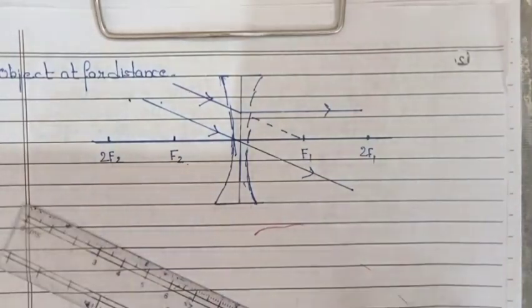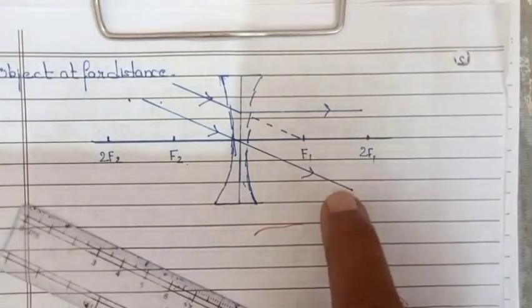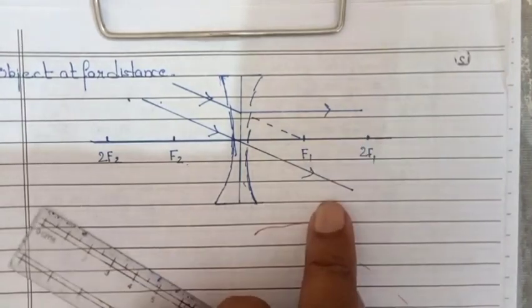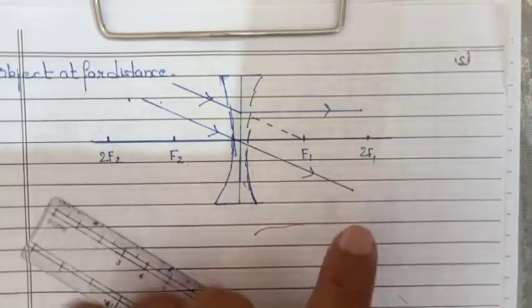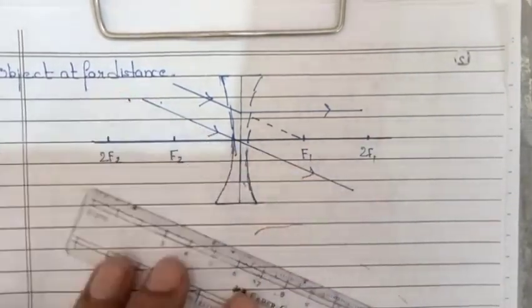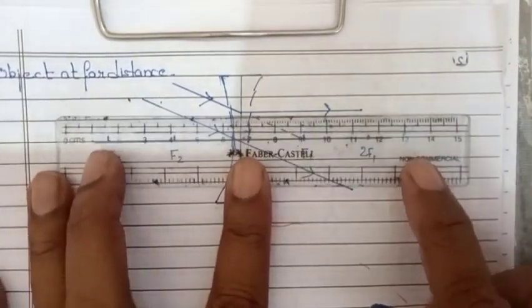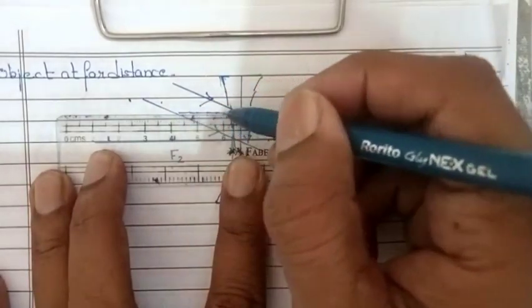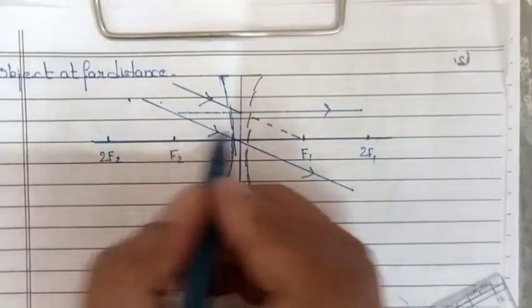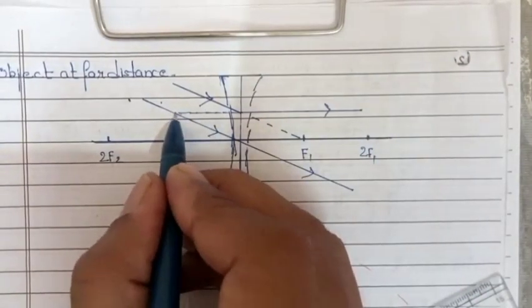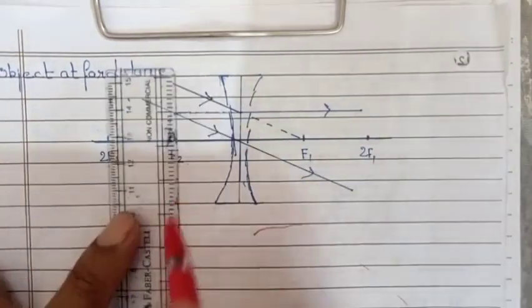Now as you can see, the two rays that you are getting are diverging. Diverging rays can never be made to meet each other on being produced forward, so we will produce them backward. This will go along this direction, and this refracted ray will go along this direction. The two refracted rays on being produced backward meet at this point. So you will get the image at the focus.